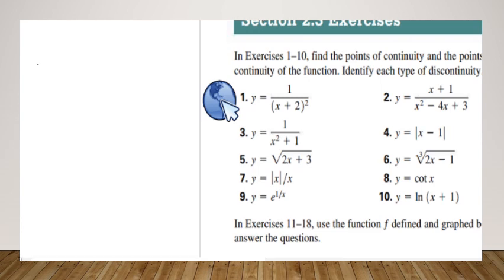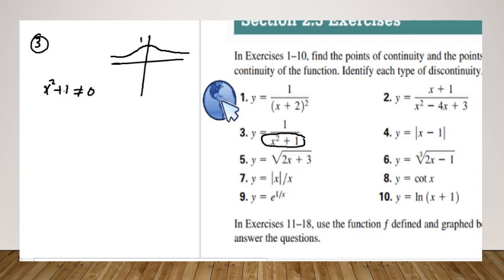For number 3, if you are using a graphing calculator, you will figure out that the graph of 1 over x squared is like this, passing through the point 1. And this function cannot be 0. X squared plus 1 cannot be 0, as x squared is always greater than or equal to 0, a positive value.